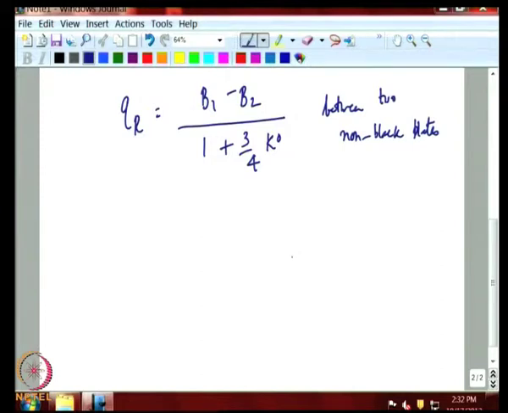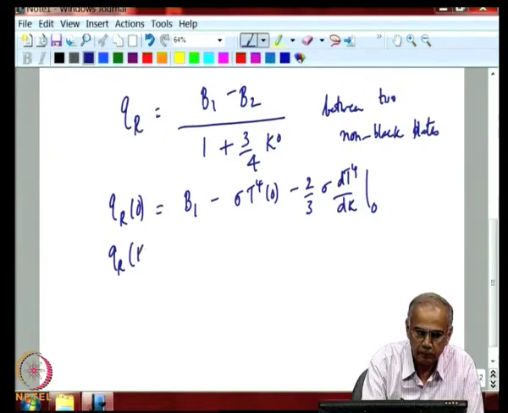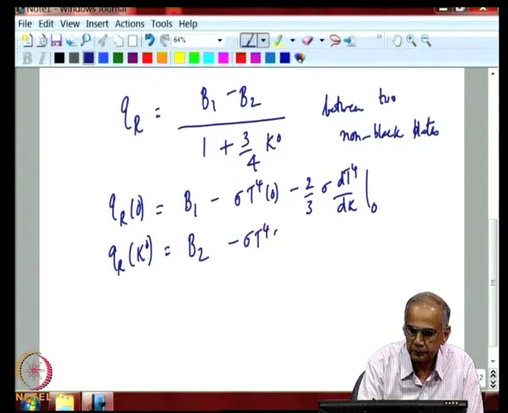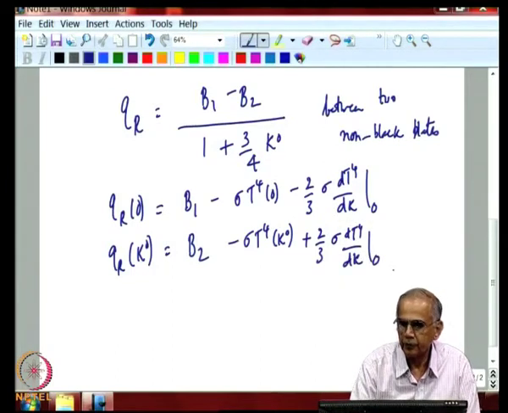To do that, we recognize the following: radiative heat flux at the bottom wall is radiosity minus emission from the bottom surface minus 2/3, and similarly at the top wall. These are from the flux condition.